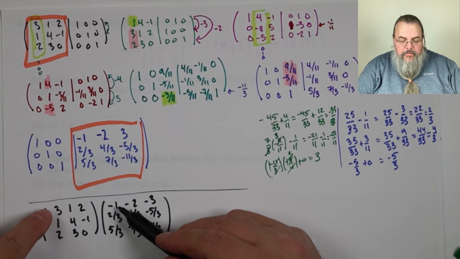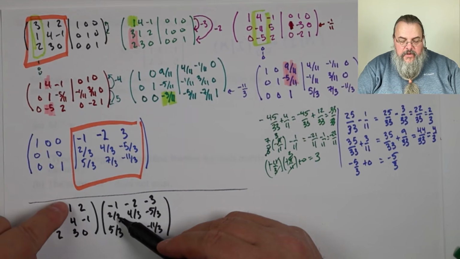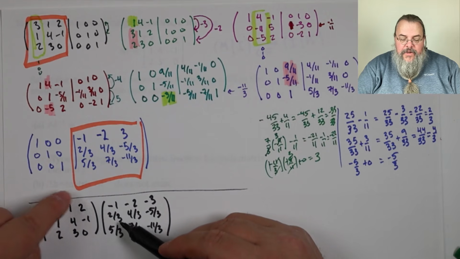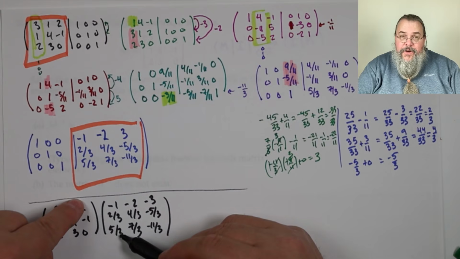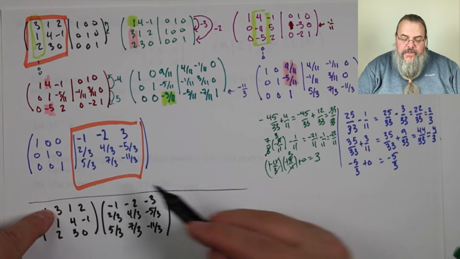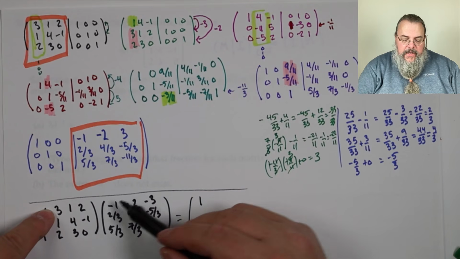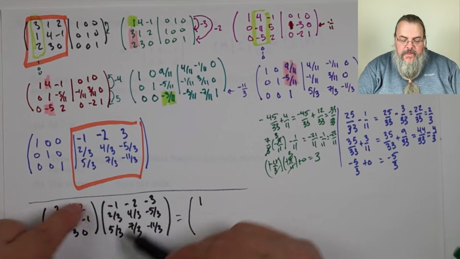So here we go. We get minus 3 plus 2/3 plus 10/3. 2/3 plus 10/3 is 12/3, which is 4. Minus 3 gives us 1. Okay, so that's first row, first column.